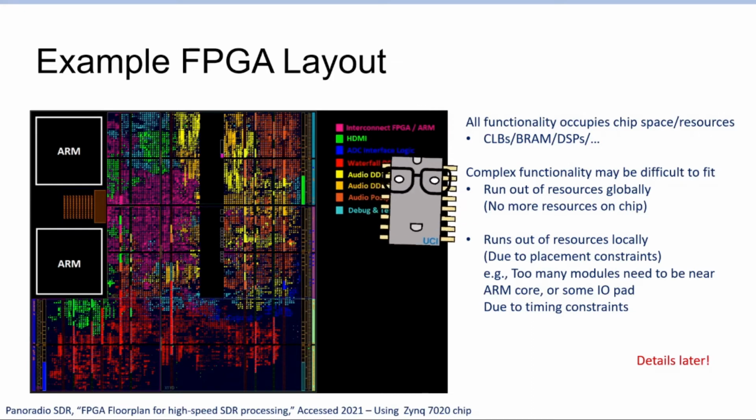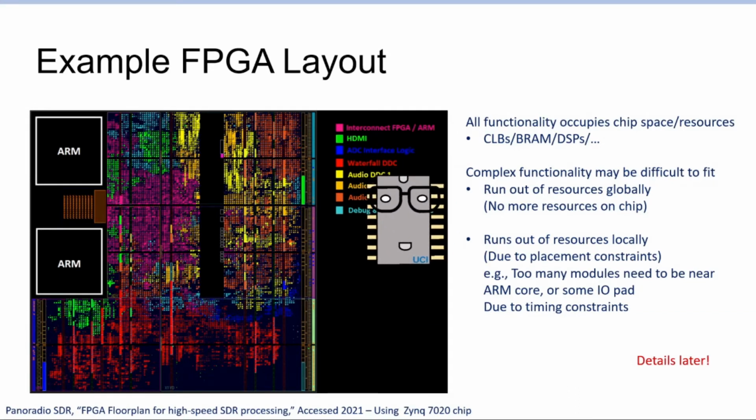And if you write complex enough functionality, it may be difficult to fit it onto the FPGA architecture that is given. For example, you could run out of resource globally if you have no more resources left on chip. If your chip has 500,000 CLBs, and your design requires 600,000 CLBs, then the compiler is going to complain, say the design does not fit on chip.